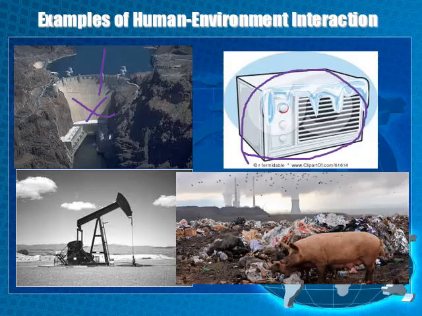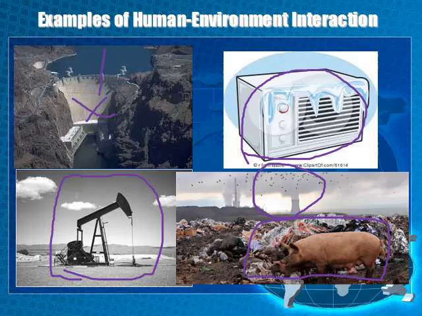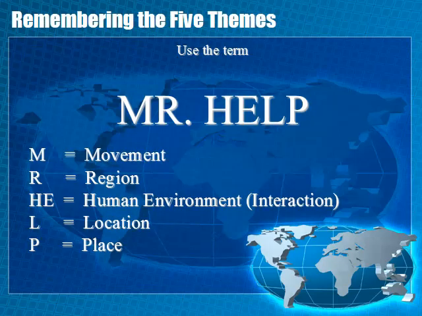It allows us to live in the south, in the hotter parts of the world that are closer to the equator. We use the environment to provide us with natural resources. And then you can see a problem of both littering and air pollution in the background. These are ways that we use the environment for positive and negative things.